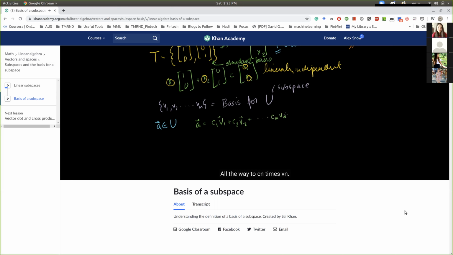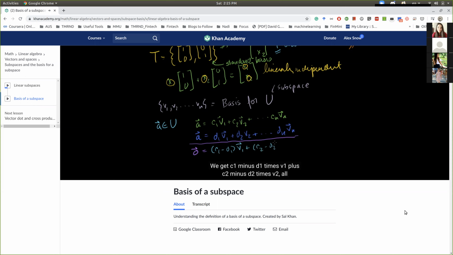Now, what happens if I subtract A from A? I'm going to get the zero vector. Let me subtract these two things. A minus A is clearly the zero vector, and if I subtract this side from that side, what do we get? We get C1 minus D1 times V1 plus C2 minus D2 times V2 all the way to Cn minus Dn times Vn.